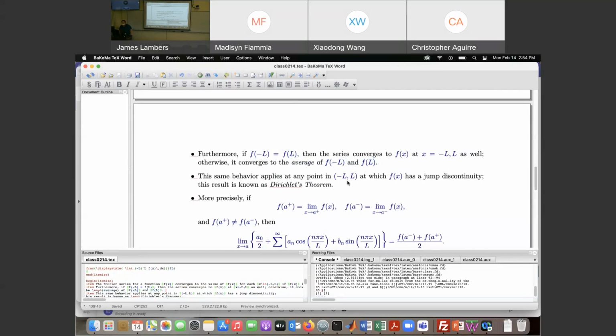So this is called Dirichlet's theorem. So a failure to be 2L periodic implies a jump discontinuity at the endpoints of the interval minus L and L. A jump discontinuity at the boundary or at the interior gives the same result. That Fourier series has got to converge to something, so it converges to the average.